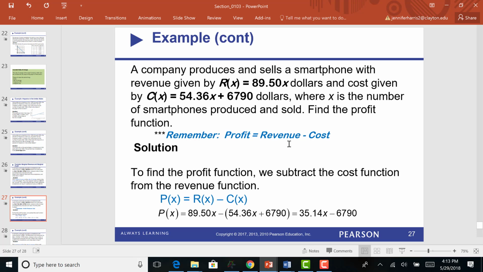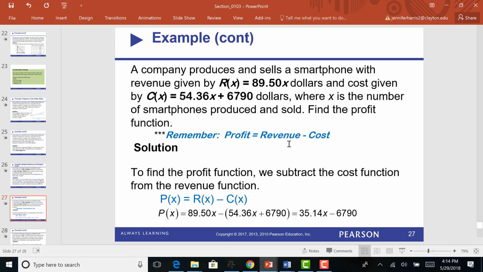All right, so I wrote that one out a little bit different, so I'm going to change how I wrote that one on the board because I want you to see it clearly and just make sure you're okay with it. So here is my revenue minus my cost is going to equal my profit function. All right, what was the revenue function?